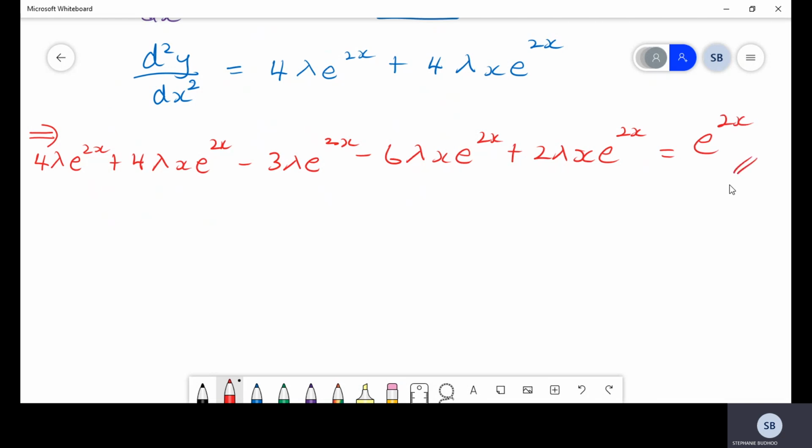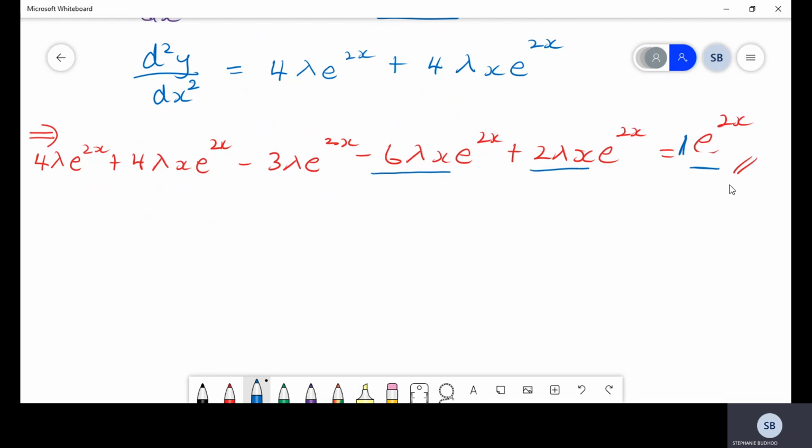What you can do here is equate some of your coefficients. You can choose to equate the coefficient on the right hand side of the exponential form, which is 1, with the coefficients of e to the 2x on your left hand side.